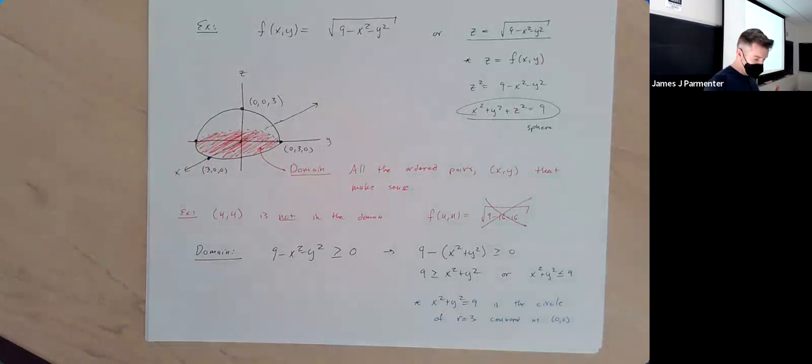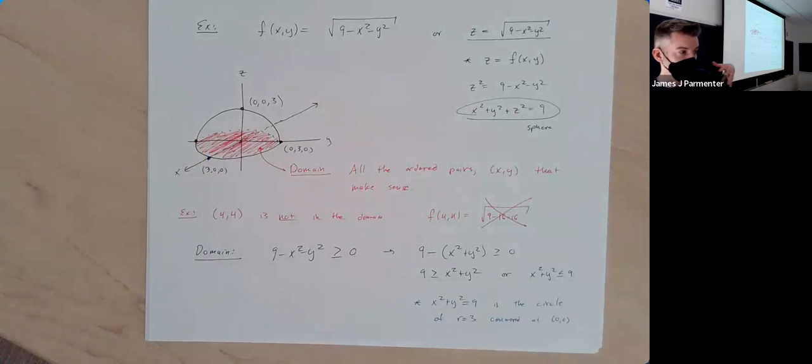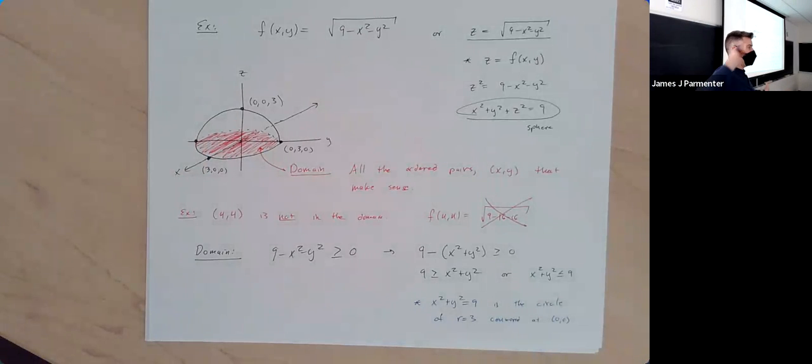Because typically what happens is the equality gives you a boundary, and then you're always on one side of the boundary. You're either always inside or always outside. Or if your boundary is like a line, you're either above the line or below the line. So once you pick a point and see if it's part of the domain or not, everything that's on the same side as that point is also in the domain or not in the domain.